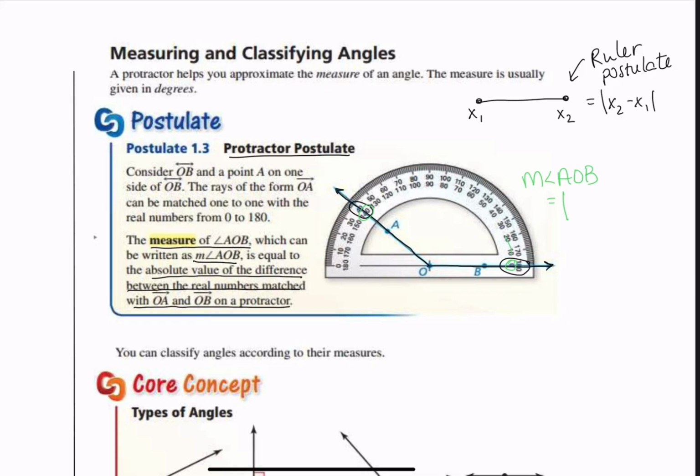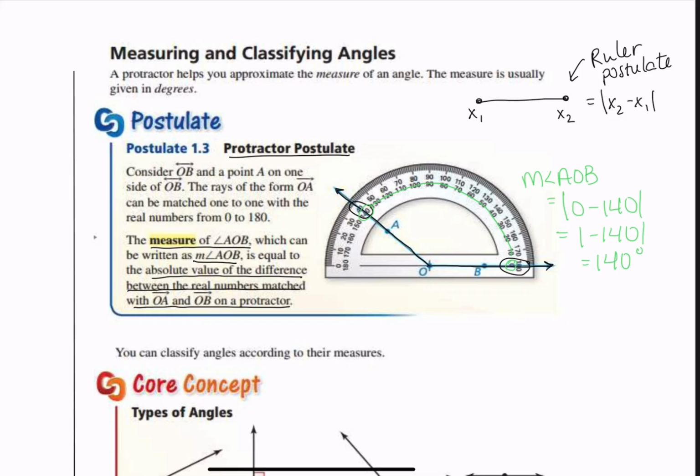And I can see that the inside numbers follow this line if I open counterclockwise from 0 to 140. So I can take 0 and I can subtract 140. Subtracting those gets me negative 140, which is why I use those absolute values to make sure that I get positive 140. So our degree measures right now will always be positive.